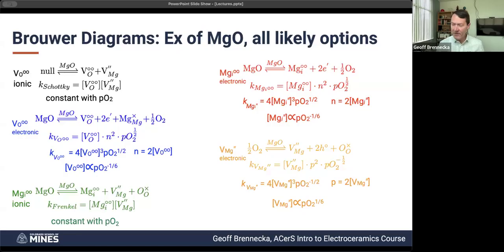So from this, without actually measuring anything, without knowing anything at all about the samples, other than my baseline material is magnesium oxide, these are the possible defects that could exist. And I know that I have to balance the sites, the charges, and the masses. These are my possibilities.